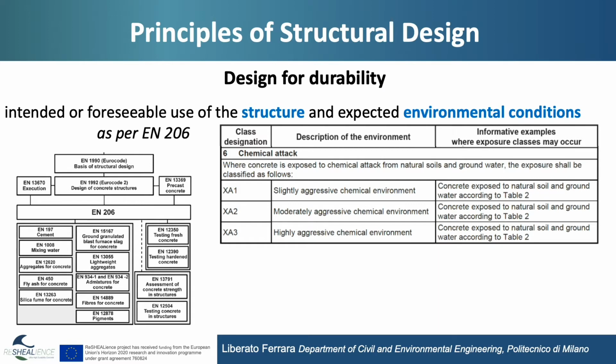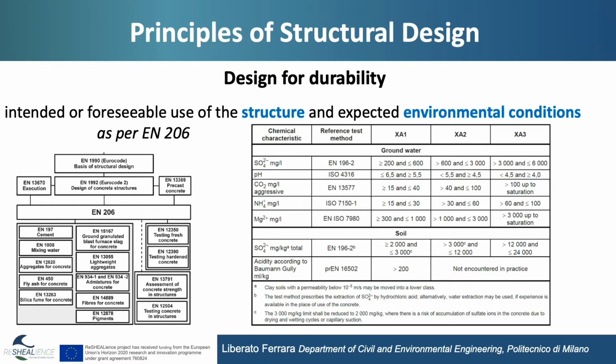And we find in the same EN 206 standard some specific definitions related to the type of aggressive agents, sulfates, carbon dioxide, nitrates, magnesium, and also related to the content of this aggressive agent in the water, in the soil, even the pH of the water, which may discriminate about the level of acid attack for the environment the structure is exposed to.